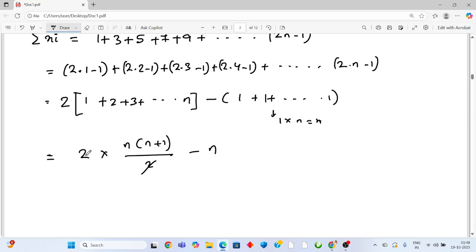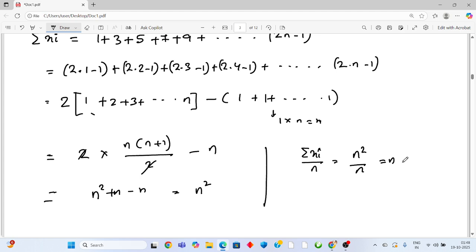If I cancel out 2's, then I will get n square plus n minus n. So that is basically n square. Therefore, if summation xi is n square, then summation xi by n will be n square by n, which is n. Therefore, this is basically our mean. Mean x bar is basically n, right?